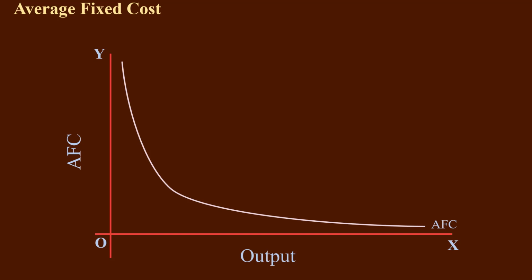For example, at output 2 units, the average fixed cost is 30 rupees. 2 times 30, 60. Total fixed cost is 60 rupees. The point to be noted here is that average fixed cost falls with every increase in output, but it will never become zero.